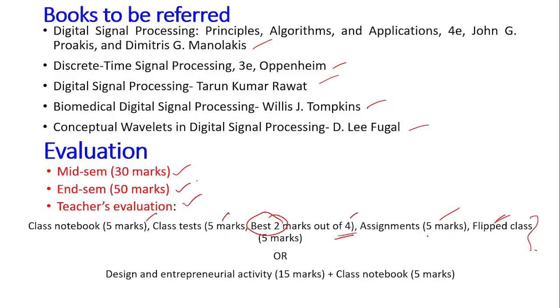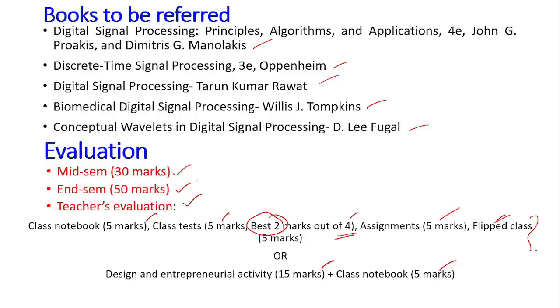either you go for this one, or the second one is design and entrepreneurial activity, 15 marks, and class notebook, 5 marks. Over here, you have to design something related to biomedical signal processing. Say you need to devise a small device, for example, a pulse oximeter.